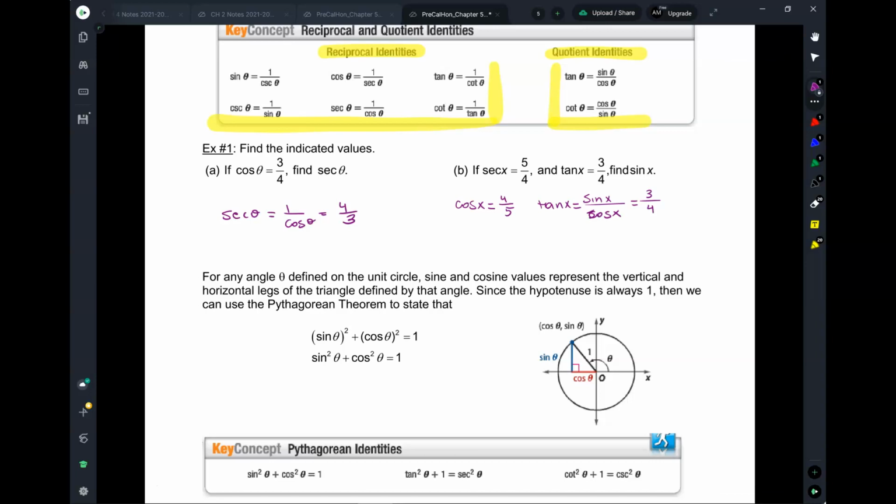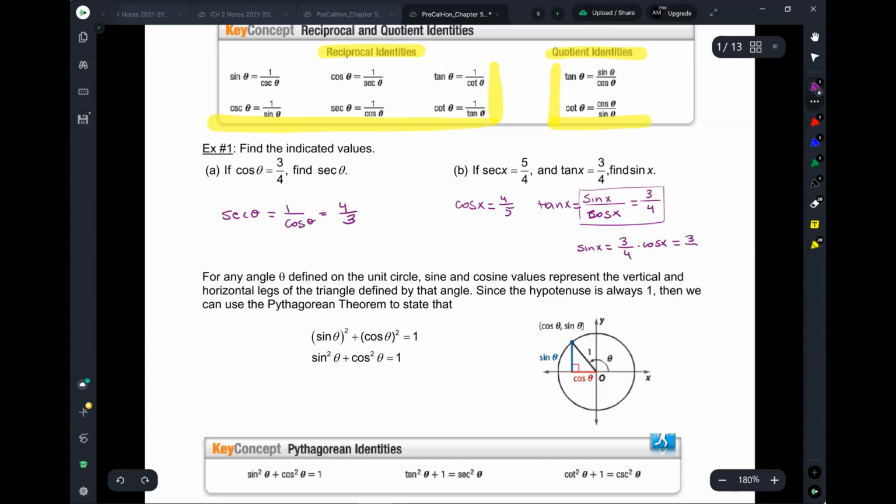And so there are lots of ways to do this, but one way is to focus on this. We need to find sine of x. Is there any way to solve that for sine of x? Can I multiply both sides by cosine of x? Yeah? So can I write sine of x is equal to 3 over 4 times cosine of x?